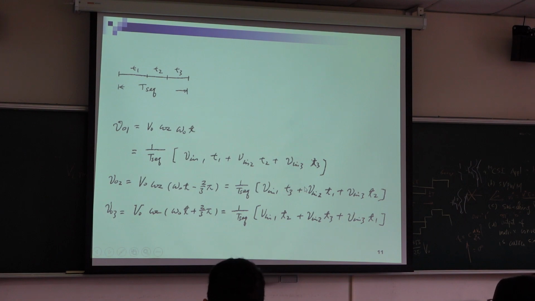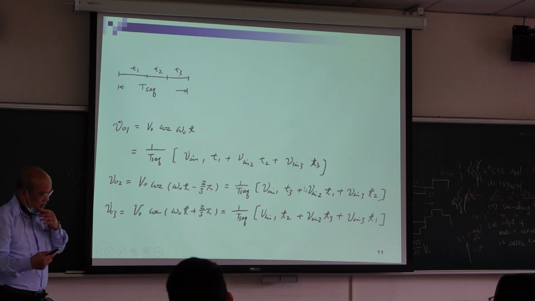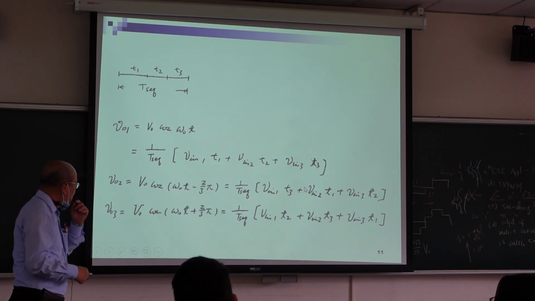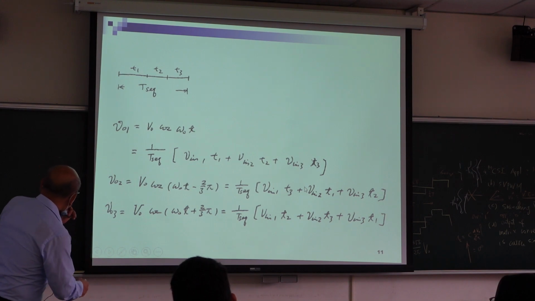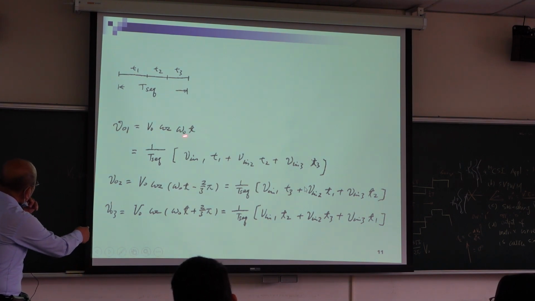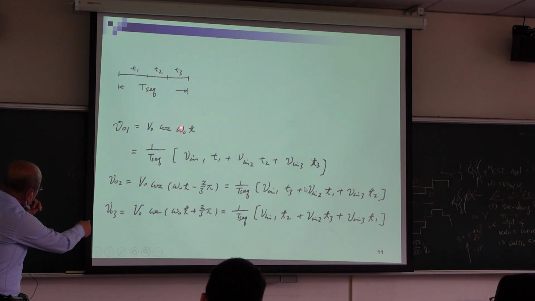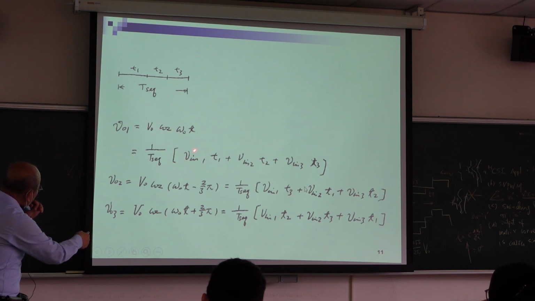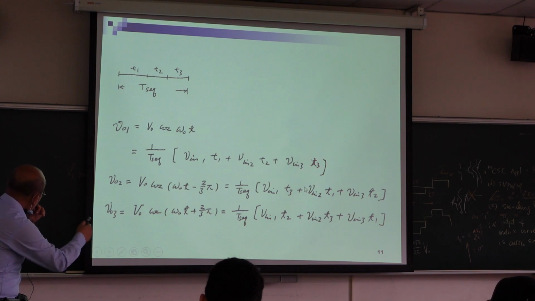How can we determine the 9 switches? Which switch should turn on? Which switch should turn off? Say the output we have to change to 30 Hertz, so the amplitude becomes 110. So this is the output. But the output can come from the input: Vin1 T1 plus Vin2 T2 plus Vin3 T3.